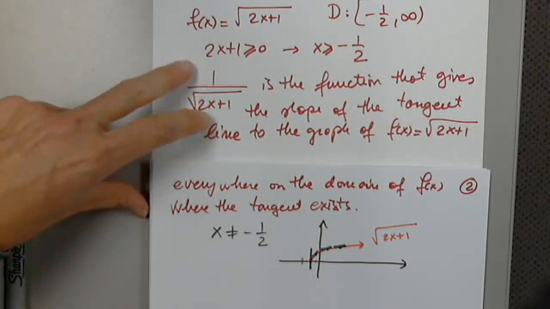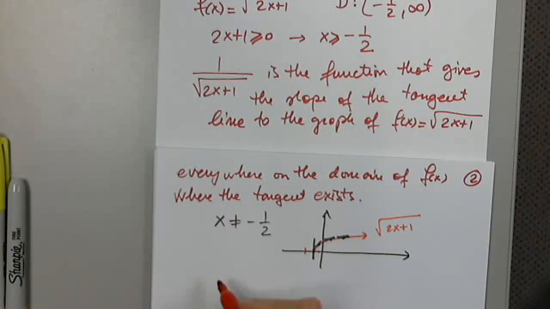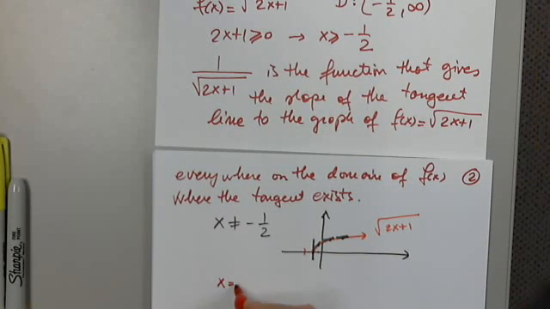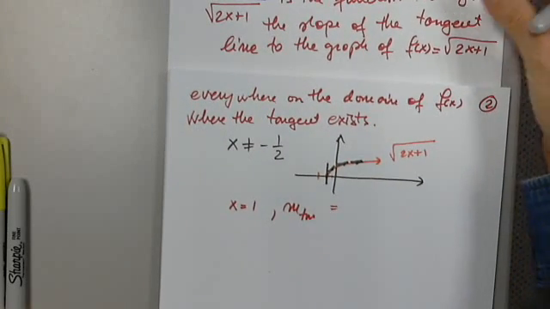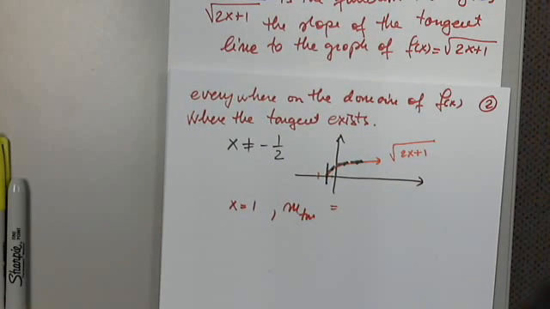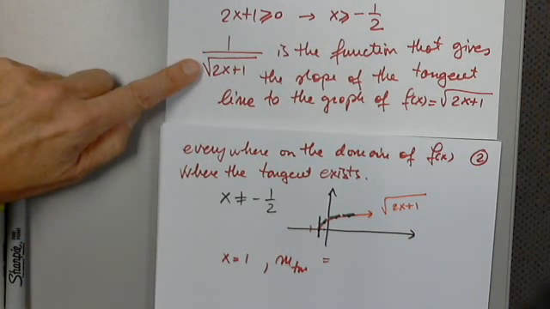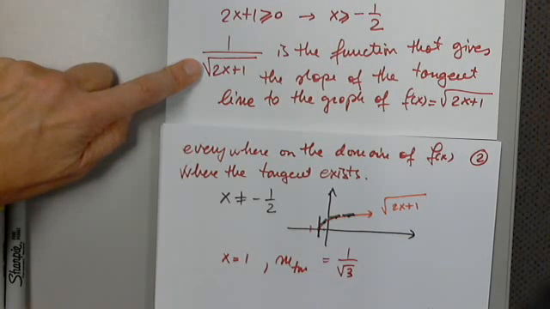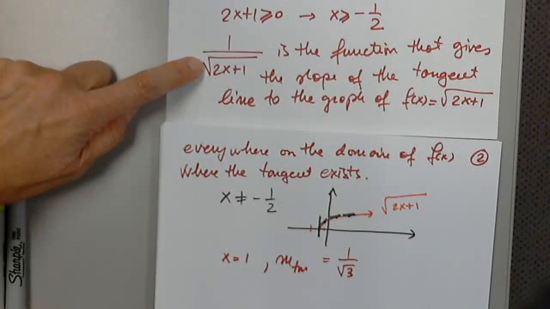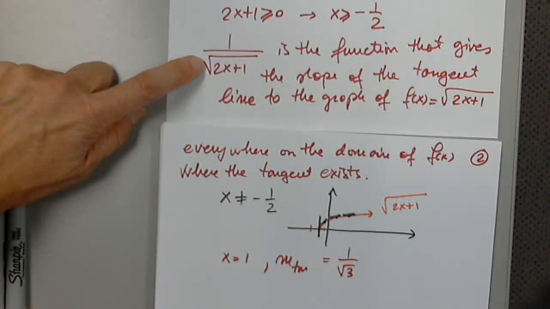Now if I ask you for x equals 1, find the slope of the tangent line. How much is the slope of the tangent line when x is 1? So 1 over the square root of 3. Of course, with no calculations whatsoever.